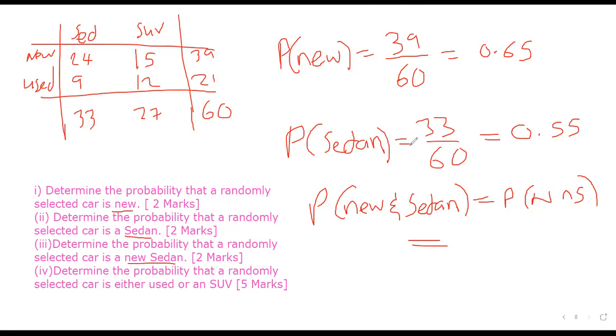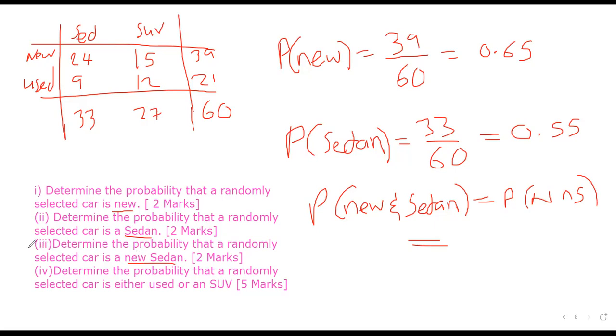Probability of 24. We're looking at where new and sedan are meet, and then over the total. All right. Are you sure? You started well, but you messed it up. The question says, determine the probability that a randomly selected car is a sedan. So why are we bringing in the new?